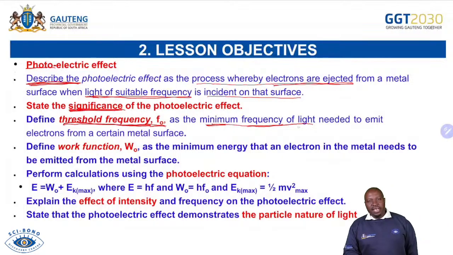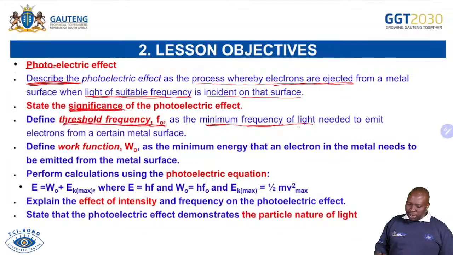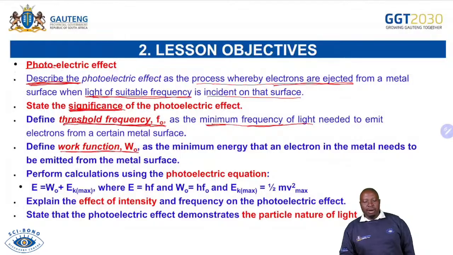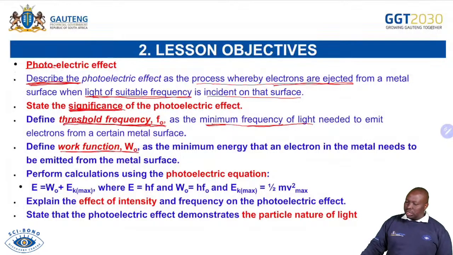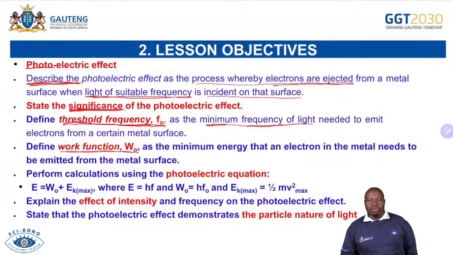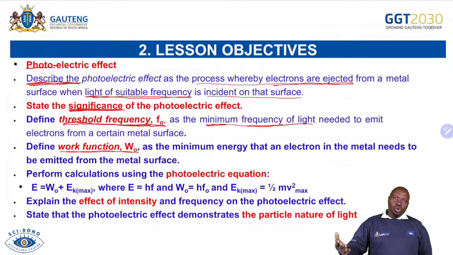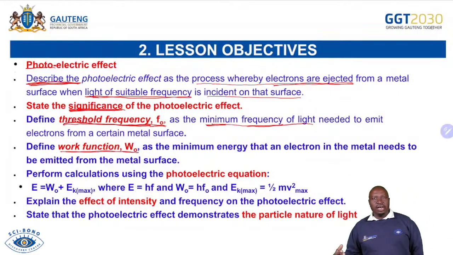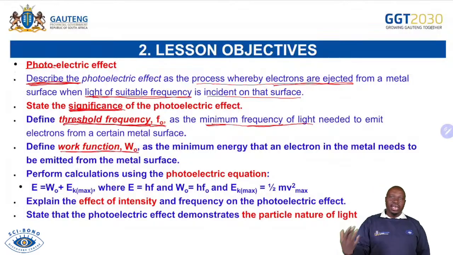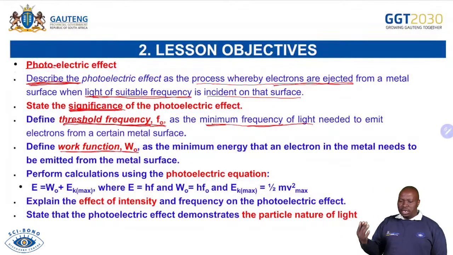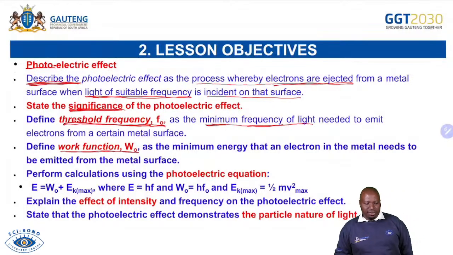And then the third definition is work function. Work function is the minimum energy that an electron in the metal needs to be emitted from the metal surface. Don't confuse the threshold frequency and the work function, because work function is the energy, while the threshold frequency is the frequency.